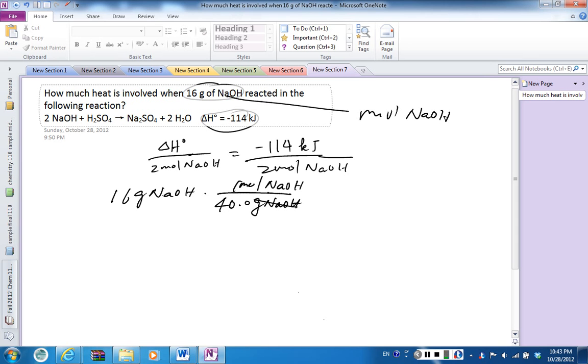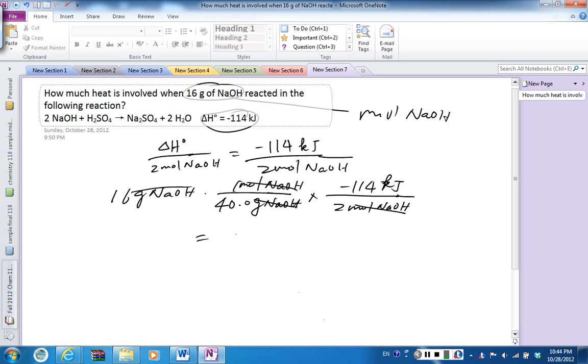Of course, grams of sodium hydroxide will cancel, and then once you get rid of the grams, you have moles, and each 2 moles of NaOH will produce us negative 114 kilojoules of heat. So moles of NaOH will cancel, and this calculation will give you the amount of heat involved in kilojoules.